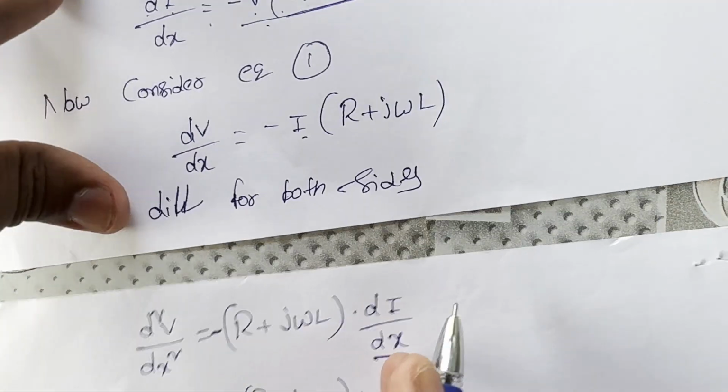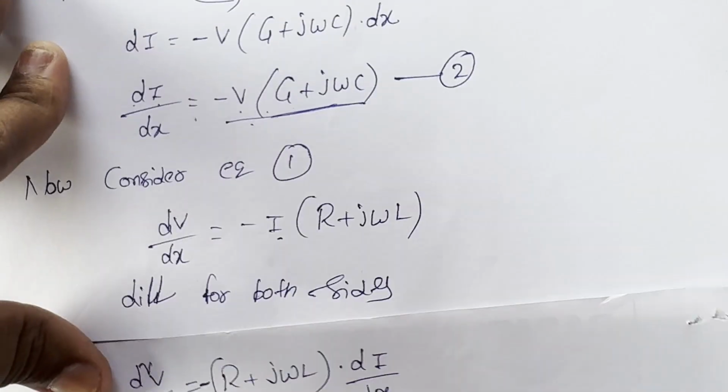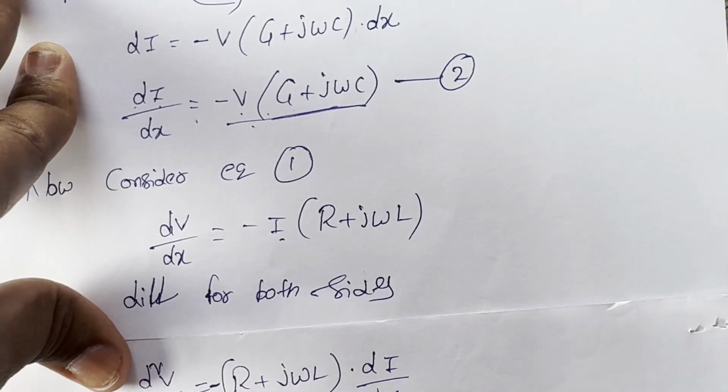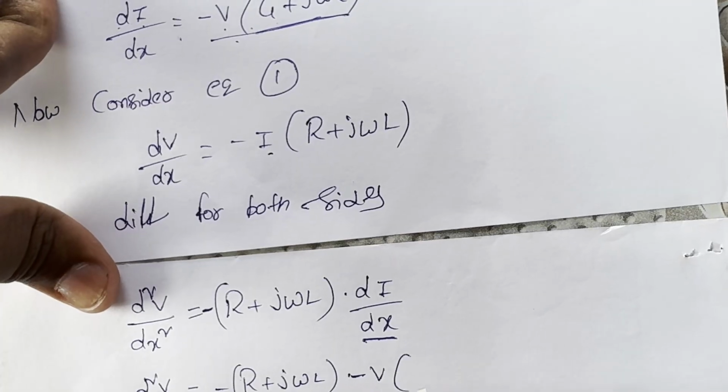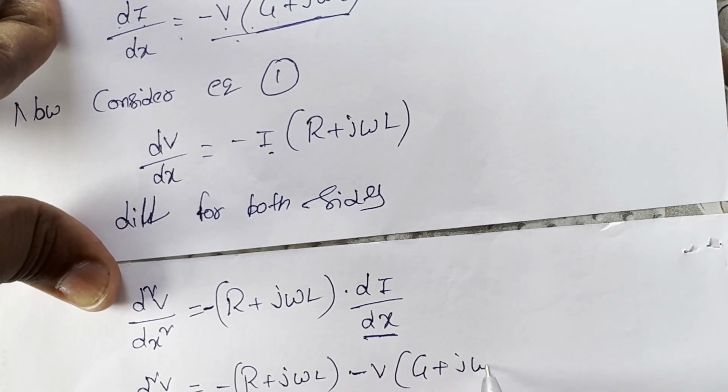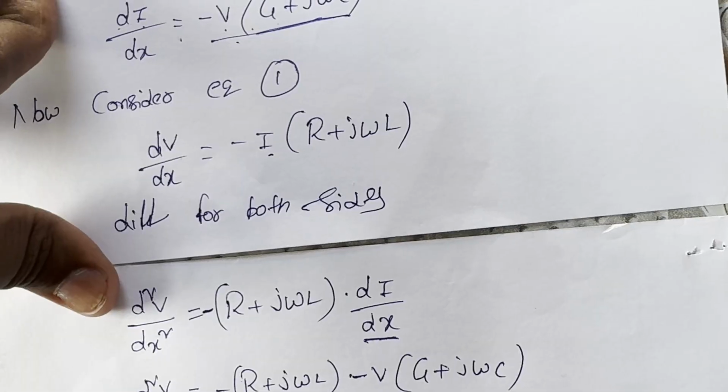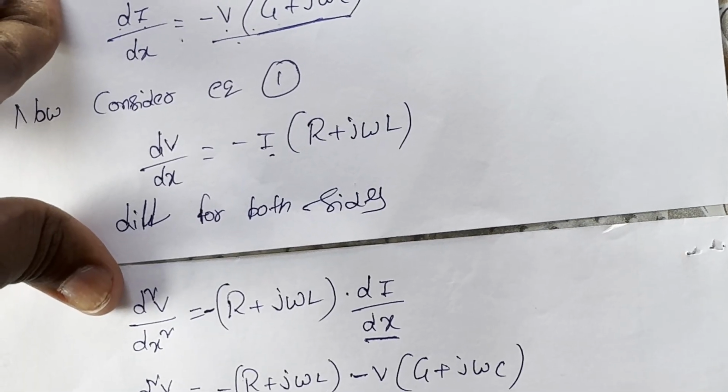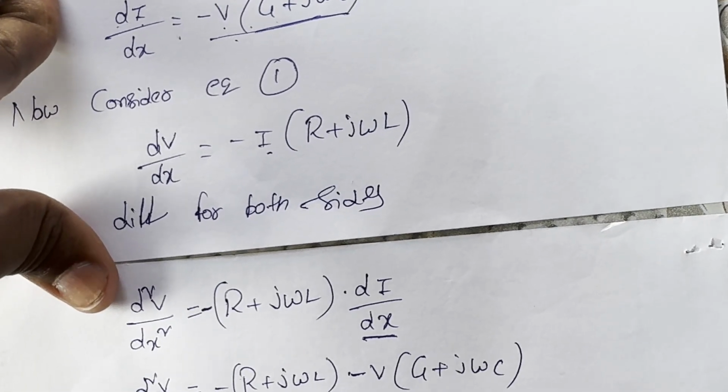That is di by dx equal to minus V into G plus j omega C. That is the value of di by dx.